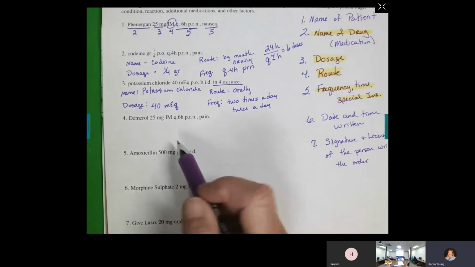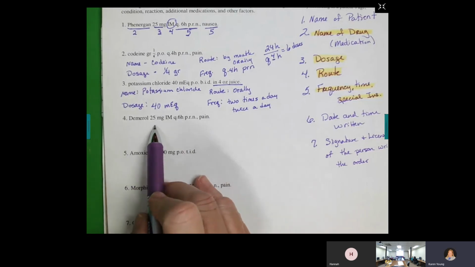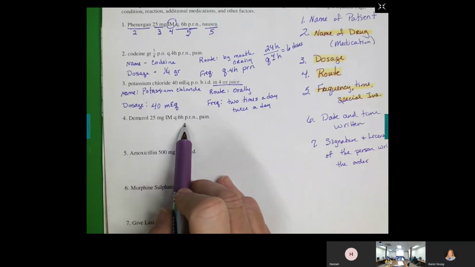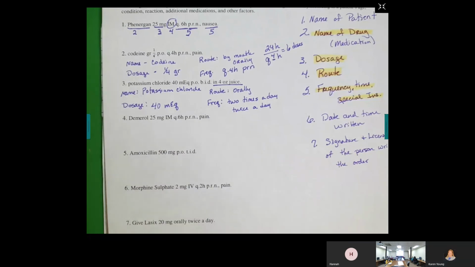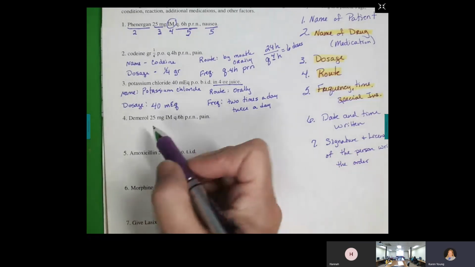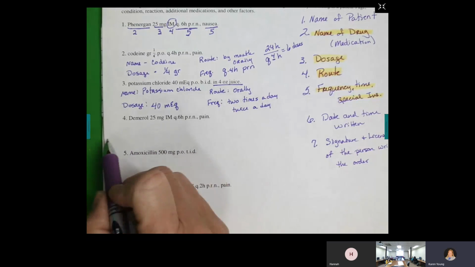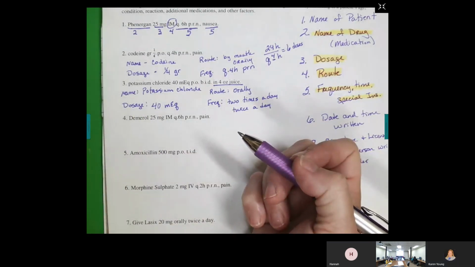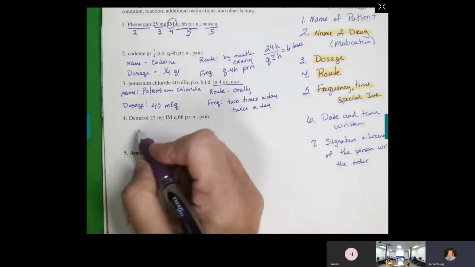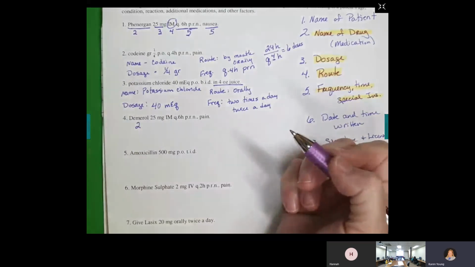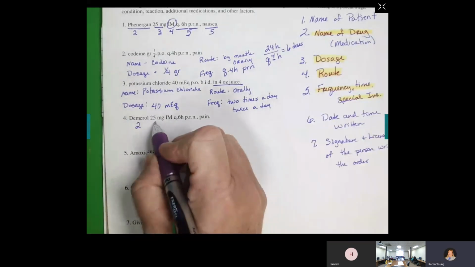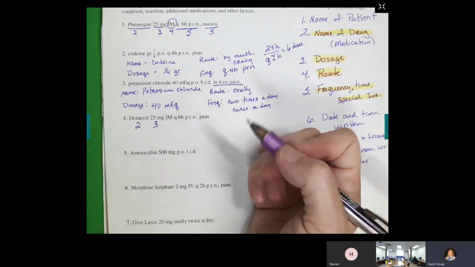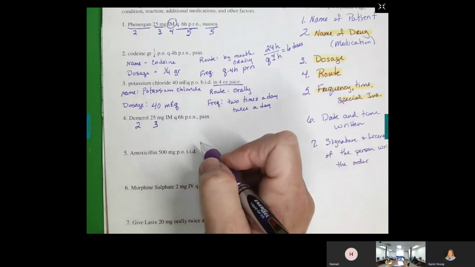Keep picking them out. If we looked at the Demerol, 25 milligrams IM, every 6 hours, PRN for pain. I'm going to number these and still label them. But what's my medication name? Demerol. And then my dosage. 25 milligrams. And then my route.